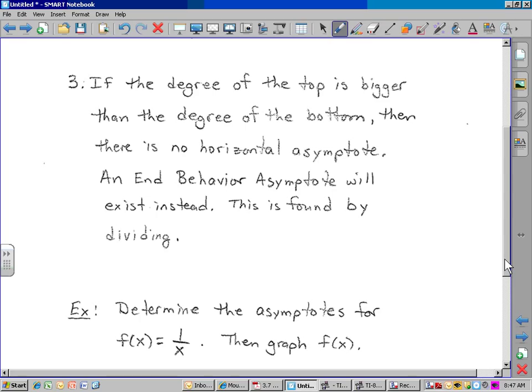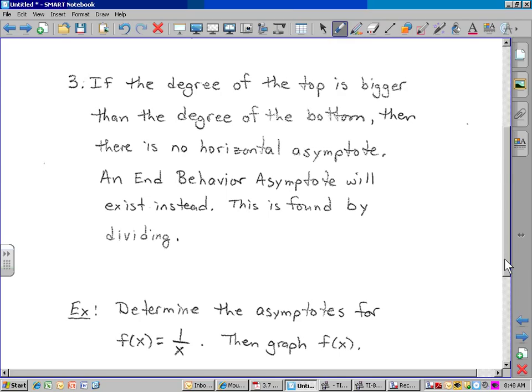Now, an end behavior asymptote could be anything at all. It could be a line, it could be a parabola, it could be a cubic, a quartic. Some polynomial is what it will be. Okay, we find that by actually dividing out the polynomials using long division.